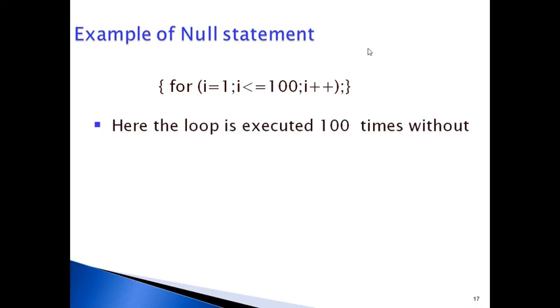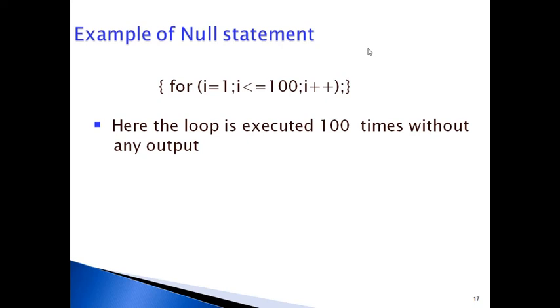Whenever the compiler executes this loop, the loop is executed 100 times without any output, because the for loop is correct. Initialization is there, condition is there, and the increment is there, altering the variable.